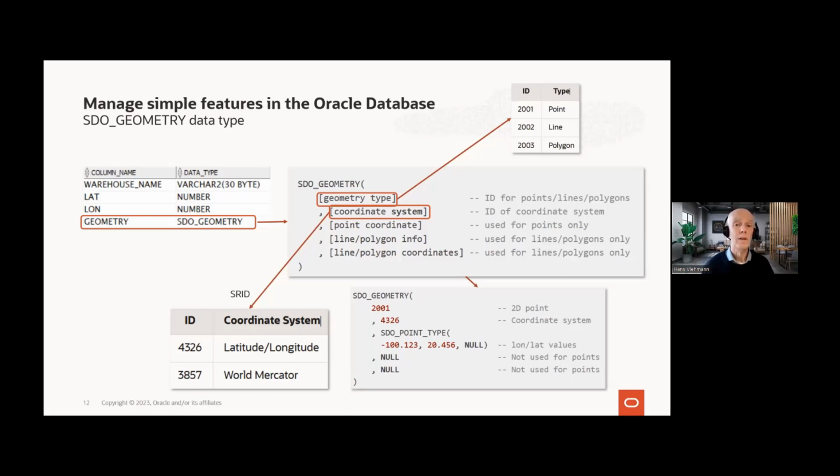And then for points, there's a dedicated SDO_POINT type. Let me just quickly show you, right? An SDO_POINT type, which is in here, which allows you to specify just 2D or 3D points. For lines, line strings, and so on, data goes into VARRAYs, because that's more than just 2 or 3 numbers, right?